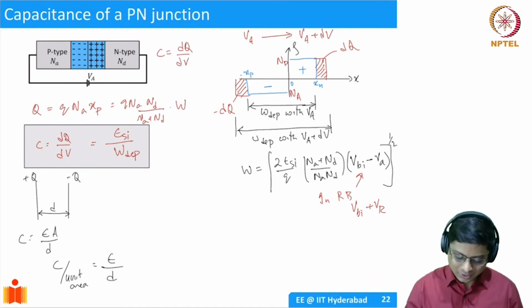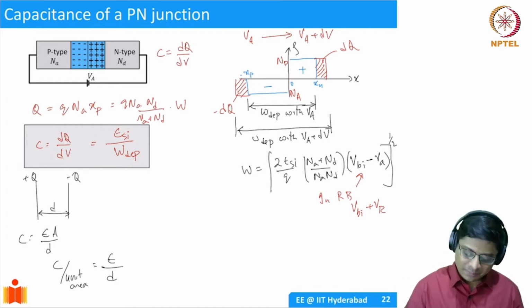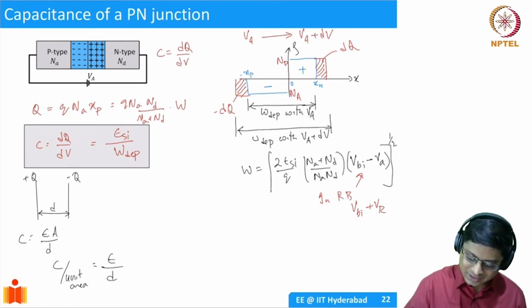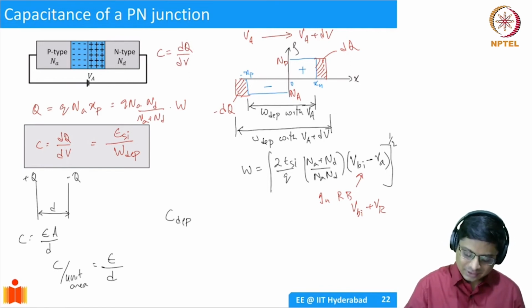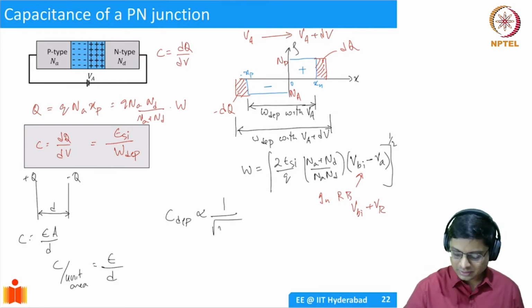It's all the more interesting because a parallel plate capacitor does not exhibit any voltage dependence. It is simply dependent on the material parameters and the distance between the plates. Whereas for a PN junction, the capacitance, C depletion, is going to be proportional to 1 over the width, which has a square root of voltage term, VBI plus VR.